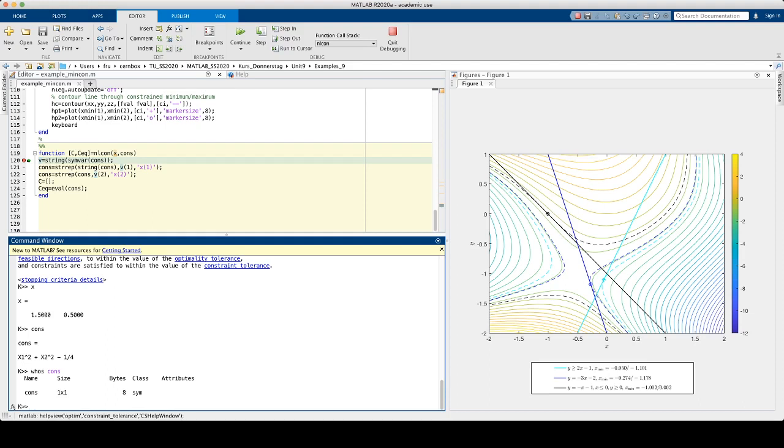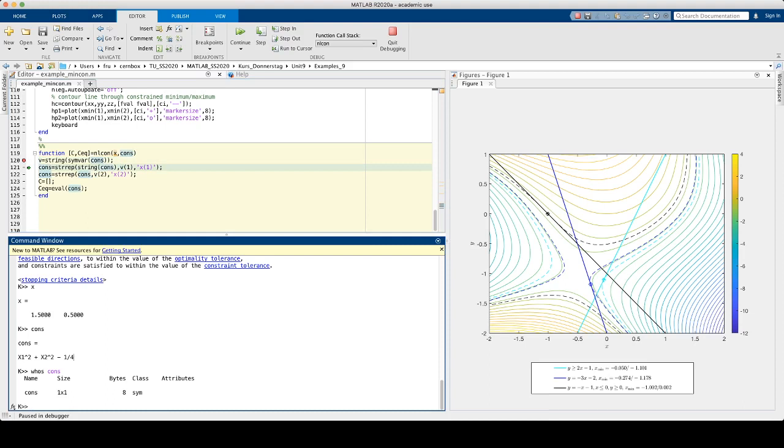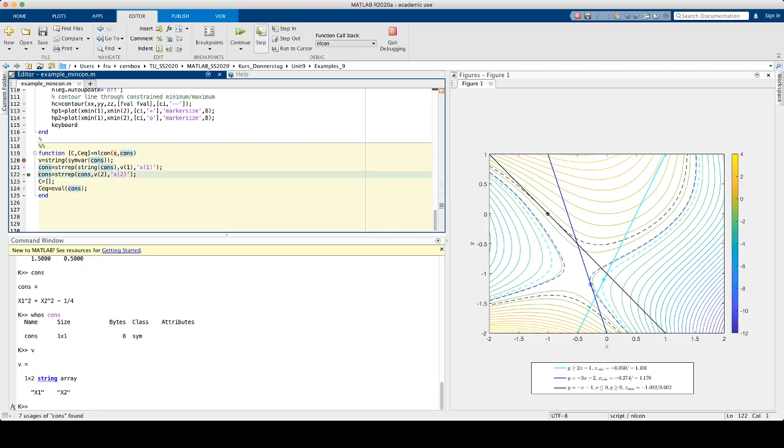So we look which are the variables in the constraint, and we substitute x1 for capital X1 and x2 for capital X2. Why? Because x, the input x, is a vector of 2 coordinates.